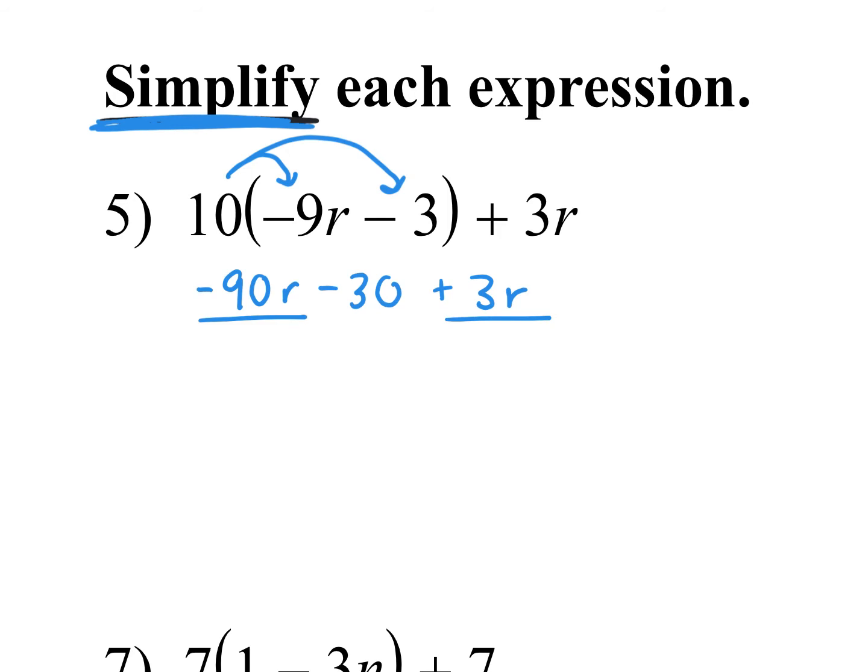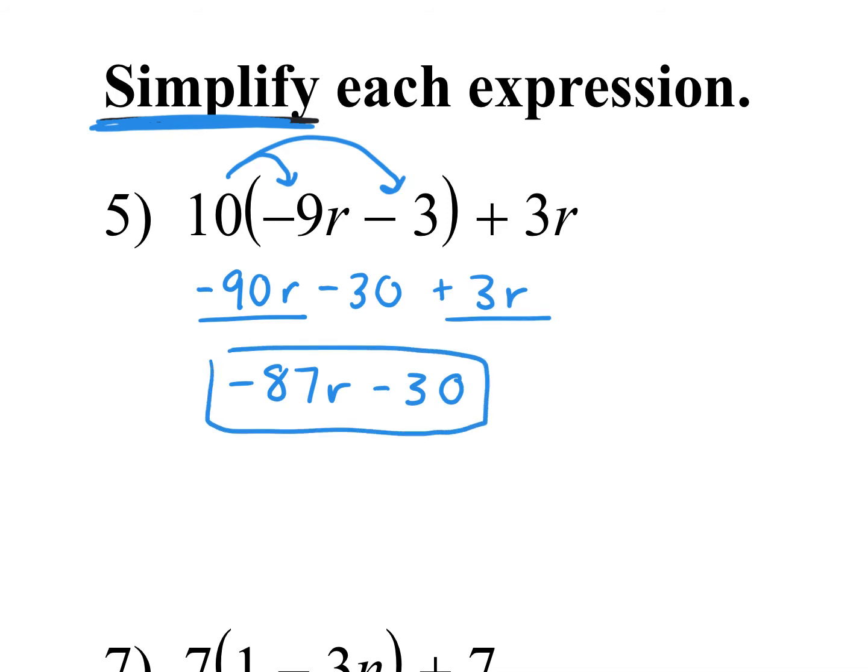So what's negative 90r plus 3r? Negative 87r. Awesome. Negative 87r minus 30. Can't combine those, so that's my answer. Notice how my question didn't have any equal signs, so my answer doesn't have any equal signs. I can't just put in a random equal sign in there.